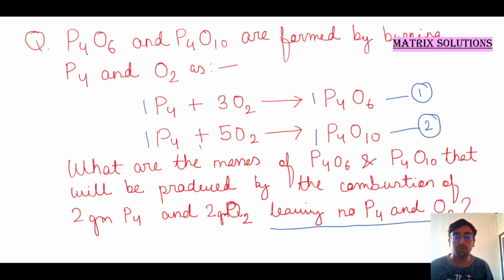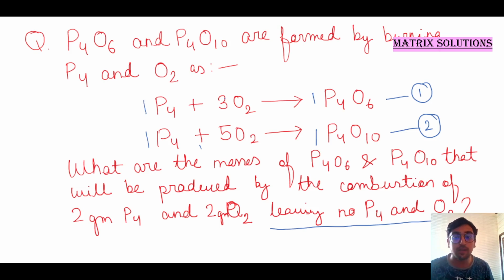In this case also we are getting two reactions, the stoichiometry is different, but here no amount of P4 and no amount of O2 is left behind, no amount. So it is a full amount of reaction, meaning there is no residue, no limiting reagent concept.